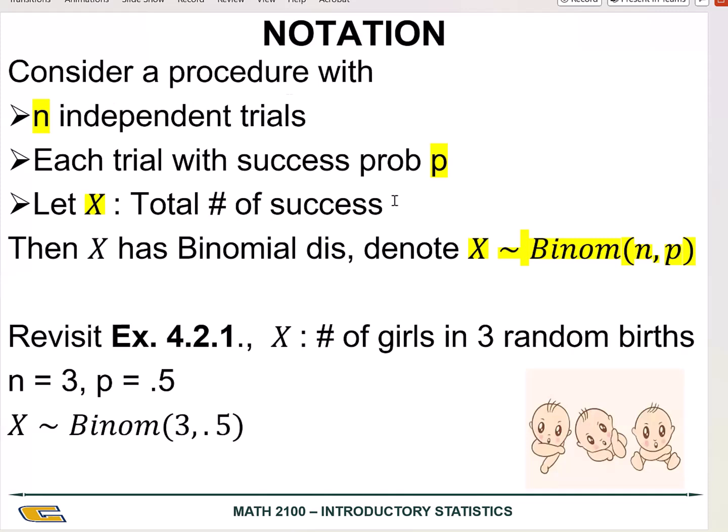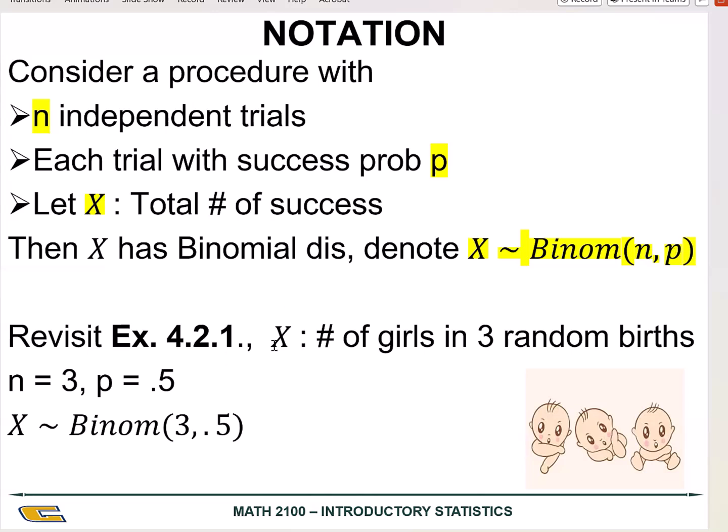So here's some notation. For a procedure, we have n independent trials, 2 outcomes, and each trial has success probability p. If we denote X, capital X, as the total number of successes, then we say X has a binomial distribution, and we use this notation: X follows binom(n, p). We read that as X follows a binomial distribution from n independent trials and success probability p.